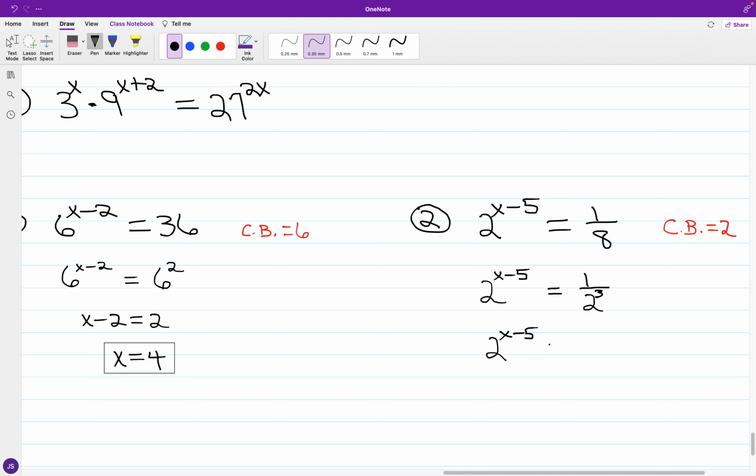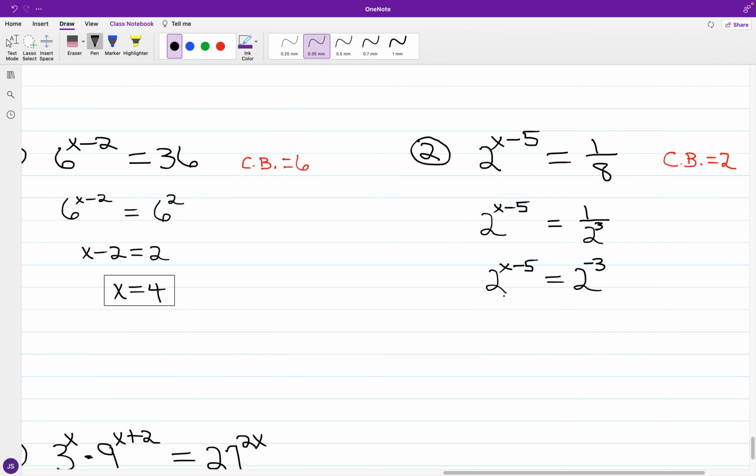So I've got the inverse of 2 to the third, and writing directly in terms of base 2, 1/2 cubed is going to be 2 to the negative 3. So I now have single terms in base 2 directly, and I can set the powers equal to each other.